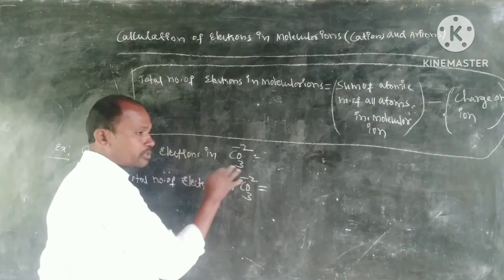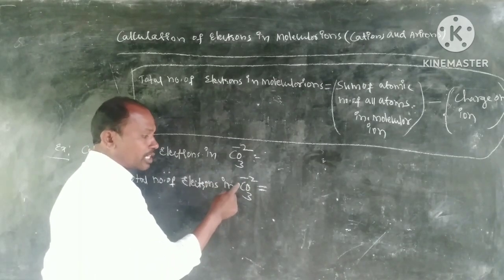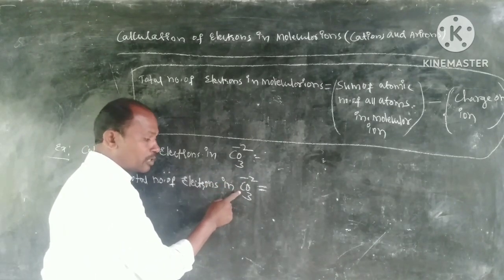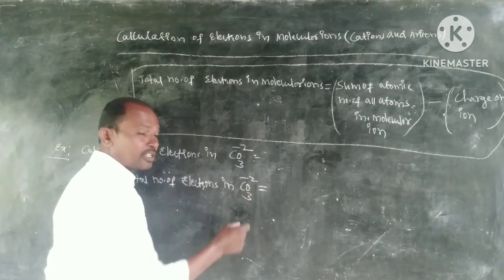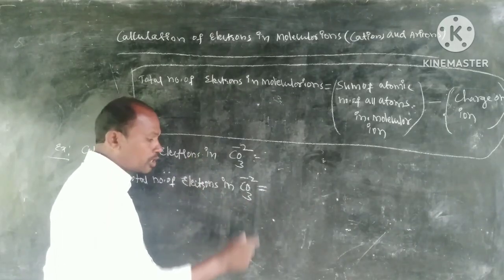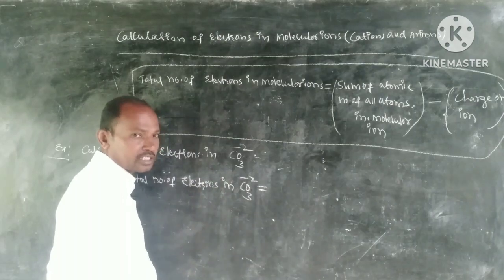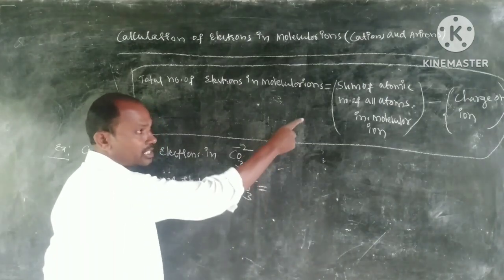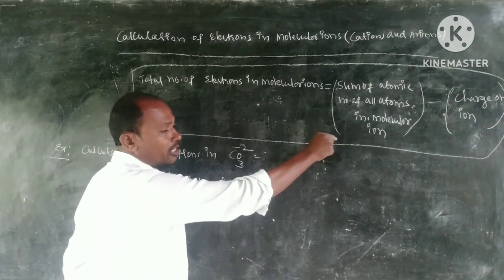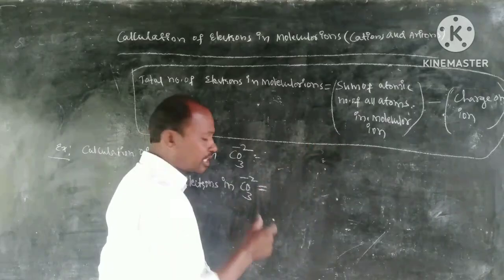How many kinds of atoms are there? Two: one is carbon, another is oxygen.